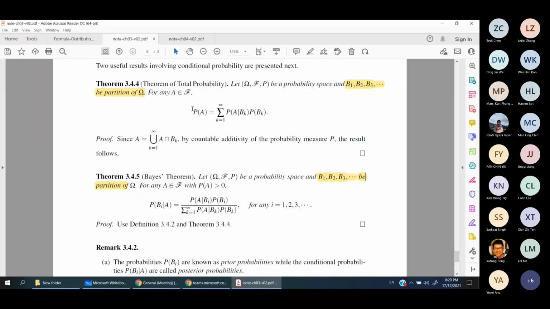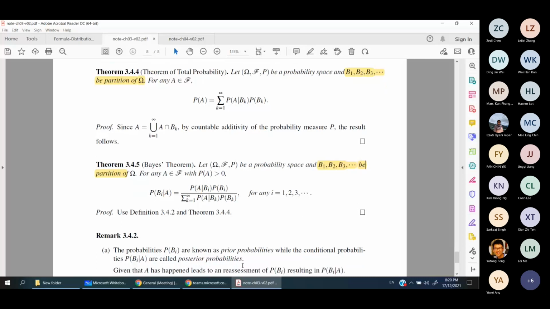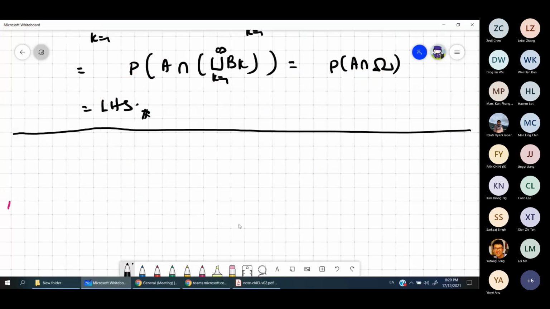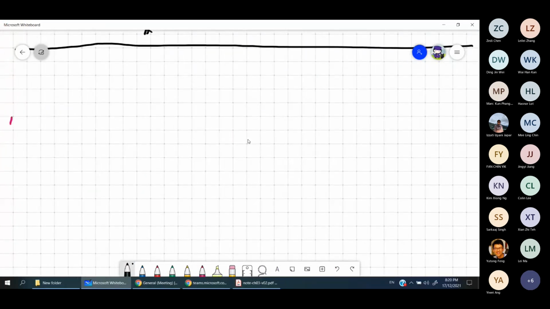We can directly substitute into here to become our P(A) in this formula. So let's come back to this. This is the Bayes formula.